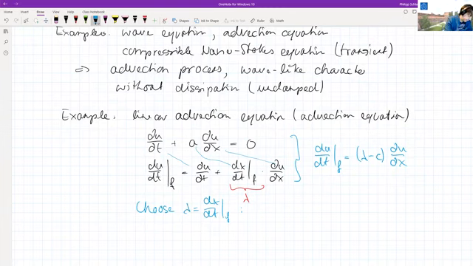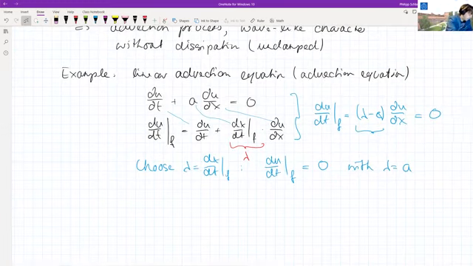Well, du/dt along the curve f is going to be, this should be a, of course, 0, because this term will disappear with lambda being a. So if we do that, then this equation here will become 0.